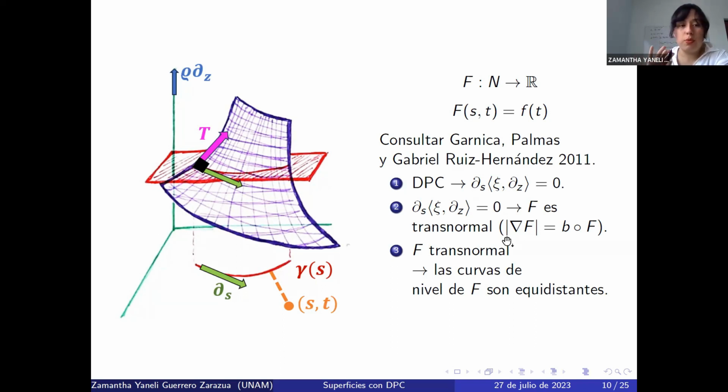I'm going to ask you to just remember that detail because we're going to focus first on some other things, but just keep in mind the graph. If you can see a surface with canonical principal direction as the graph of a certain function F, then F is transnormal. All right. And finally, if F is transnormal, then its level curves are equidistant.